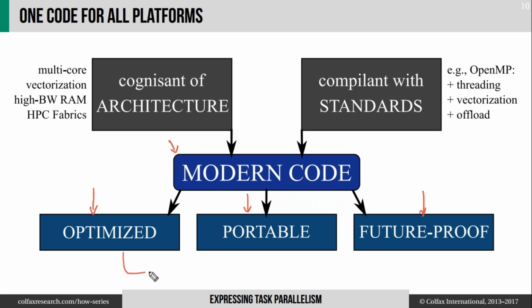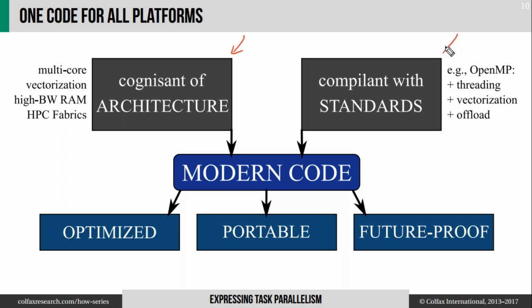Because optimized and portable are often in conflict, there is a set of techniques that make your code, on the one hand, cognizant of the architectural details, but not tied to them.